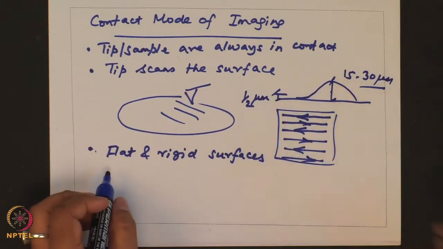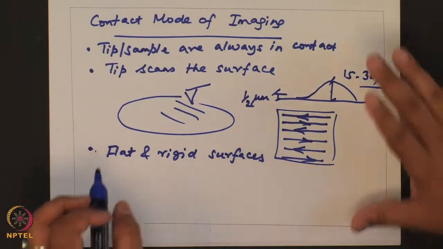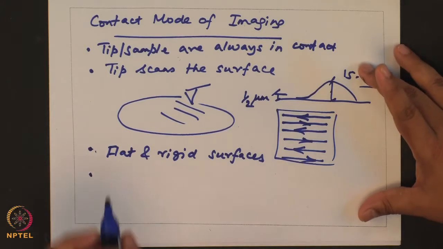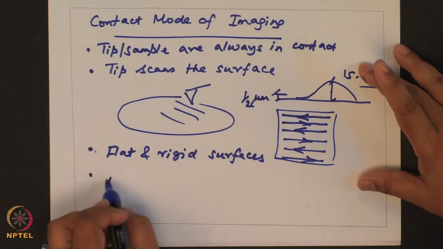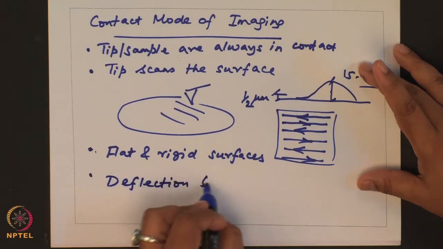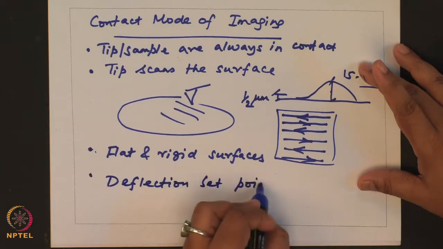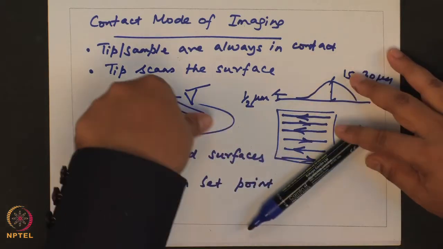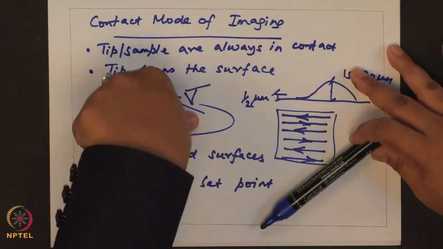Okay. So, how do you do this scan? What is being done is that you control something called the deflection set point. The deflection set point is the force with which you are probing your sample.